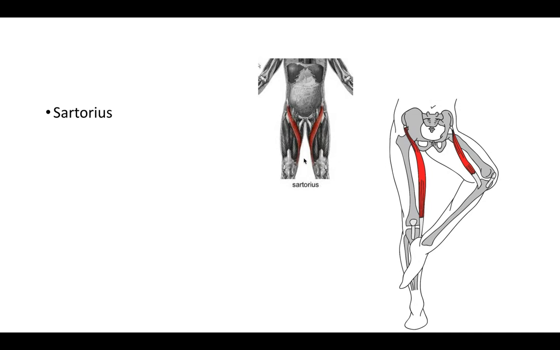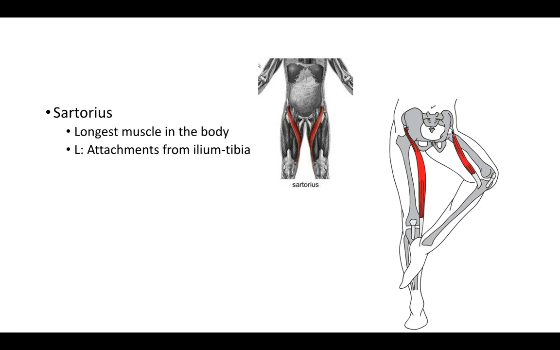It crosses over and attaches medially to the inside of your knee. It's the longest muscle in our body, and it's long because it really crosses over. So it has attachments all the way from the ilium, which is in our pelvis, down to our tibia, which is just below our knee right here.